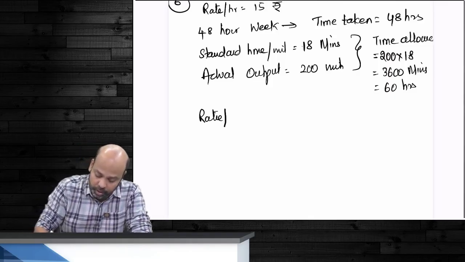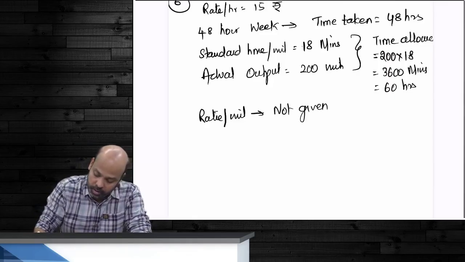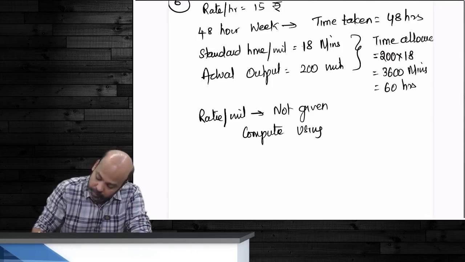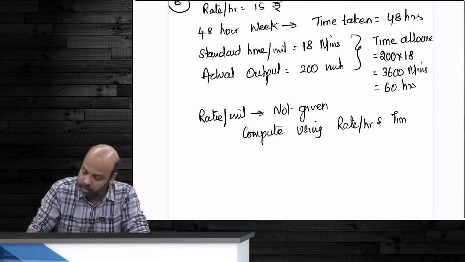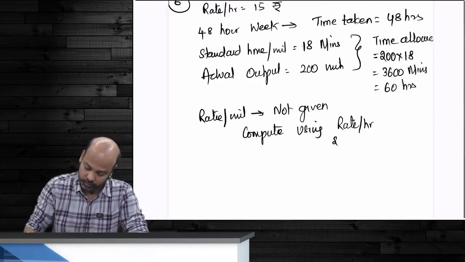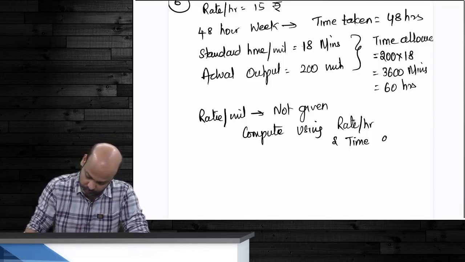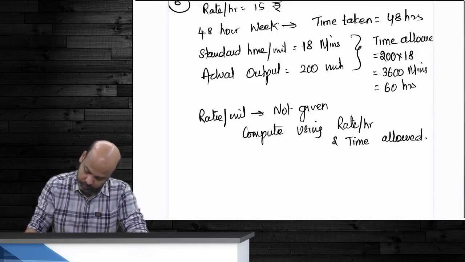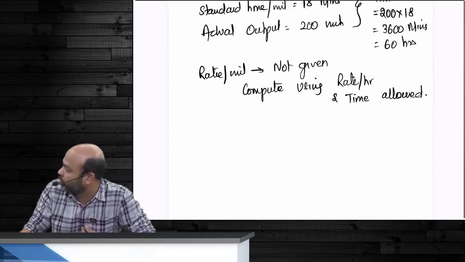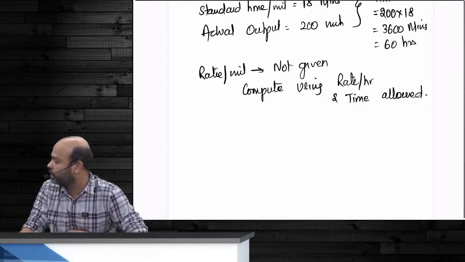Rate per unit not given. Compute using rate per hour and time allowed. Rate per unit was not given, but you're supposed to compute it using rate per hour and time allowed.